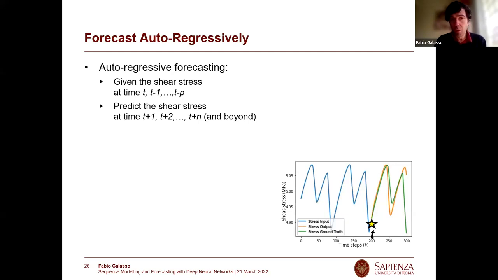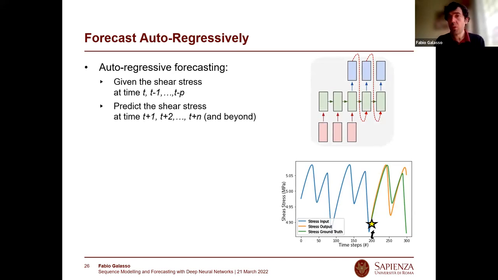So you've got p plus 1 observations. And then you predict from t plus 1 into t plus n, which stands for the new steps into the future, and potentially beyond.